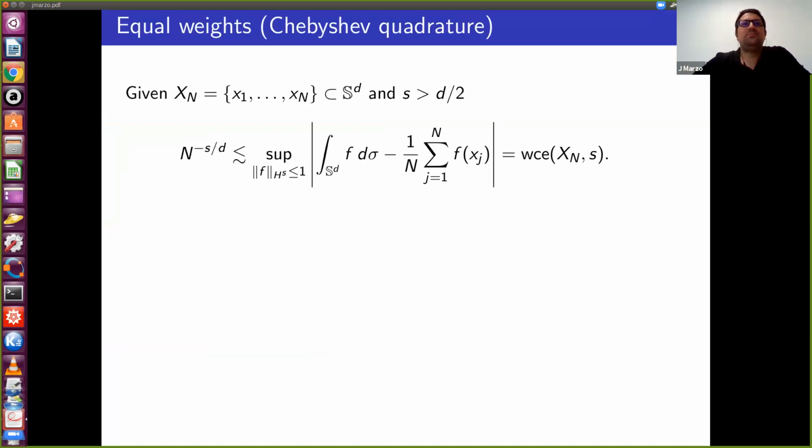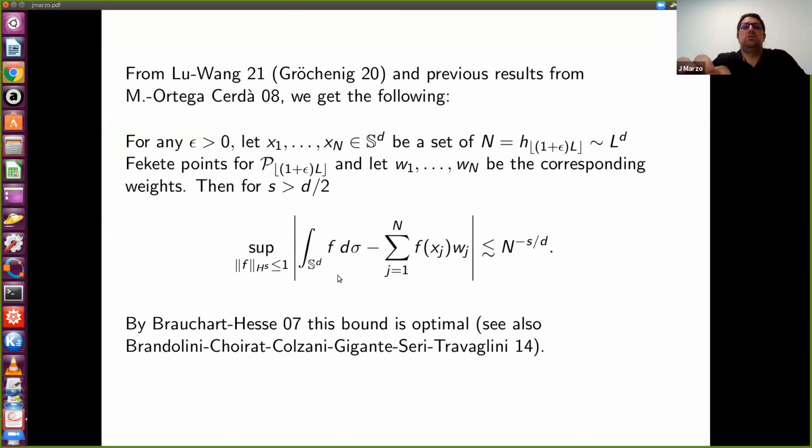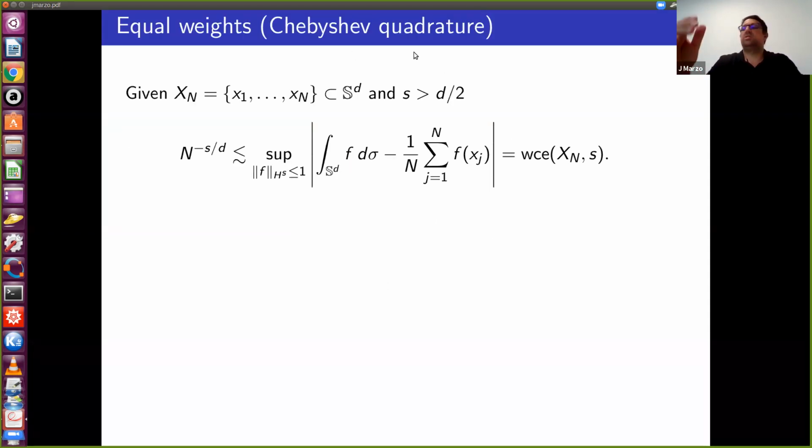And now this is my next thing. So now I'm going to consider the same problem, to evaluate this error, but now with equal weights. Okay, so with Chebyshev quadratures. And here, a lot of things have been done, not by me, but by many others.